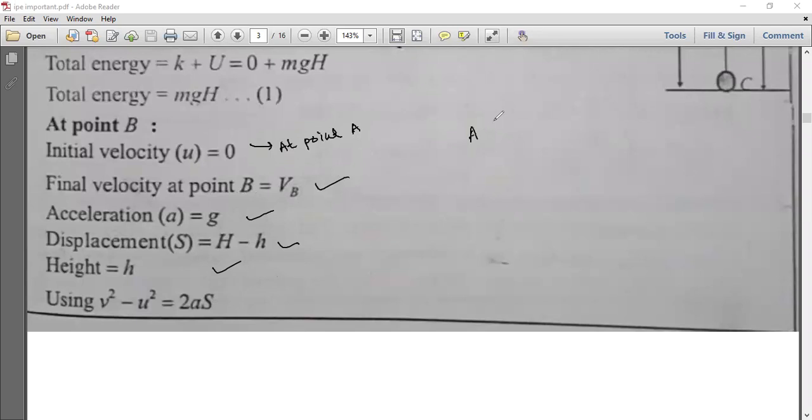Now A to B, can I write like this? v square minus u square is equal to 2g into displacement, which is H minus h. Now u is 0.